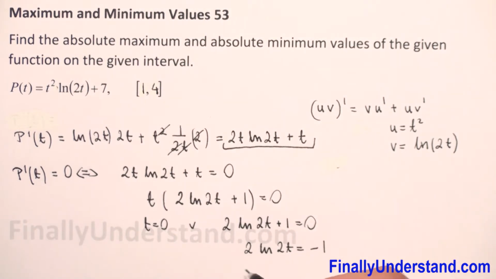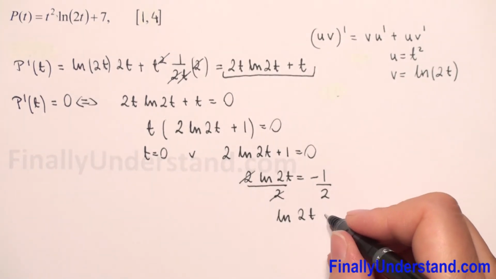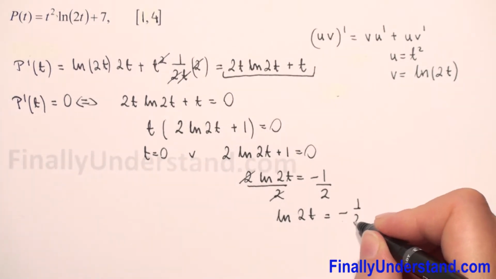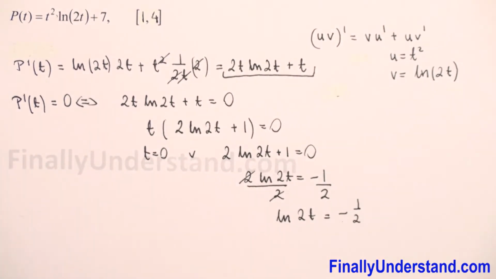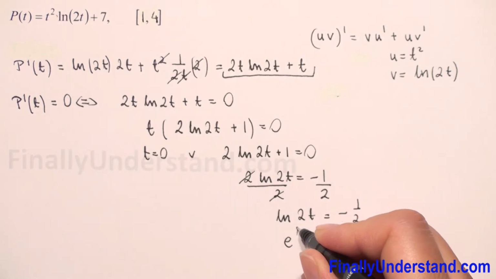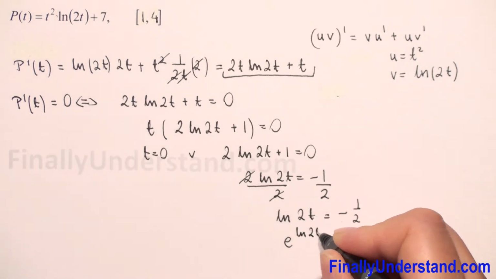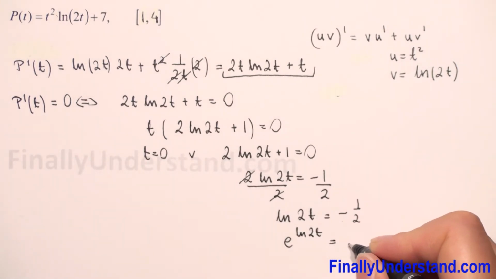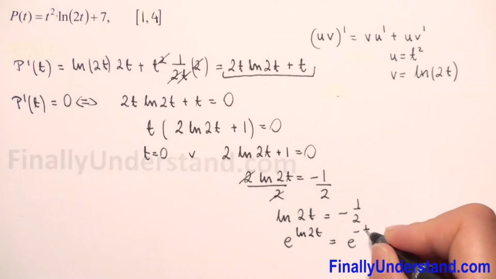Now I will divide both sides by 2. So 2 and 2 we can reduce, so we have natural log of 2t is equal to negative 1/2. Now I am exponentiating both sides, so we have e to the power natural log of 2t is equal to e to the power negative 1/2.